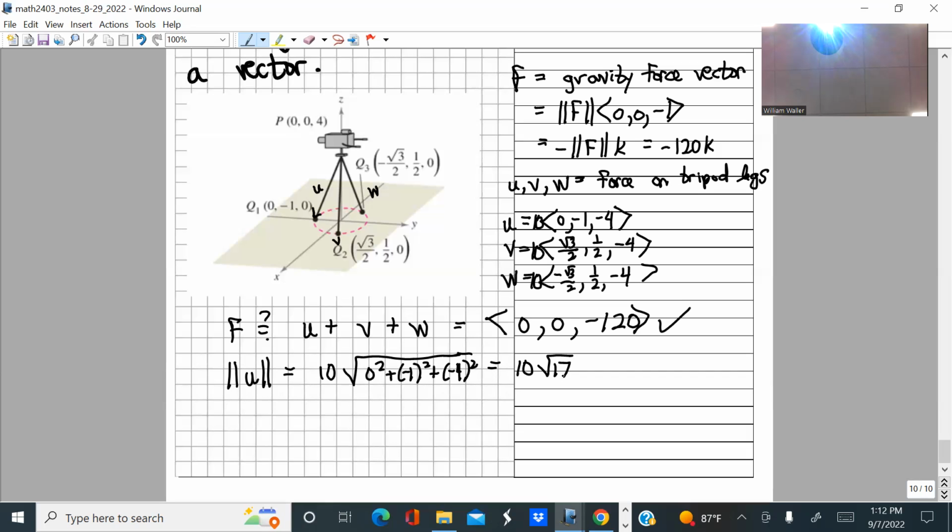Well, what's 10 times the square root of 17, approximately?